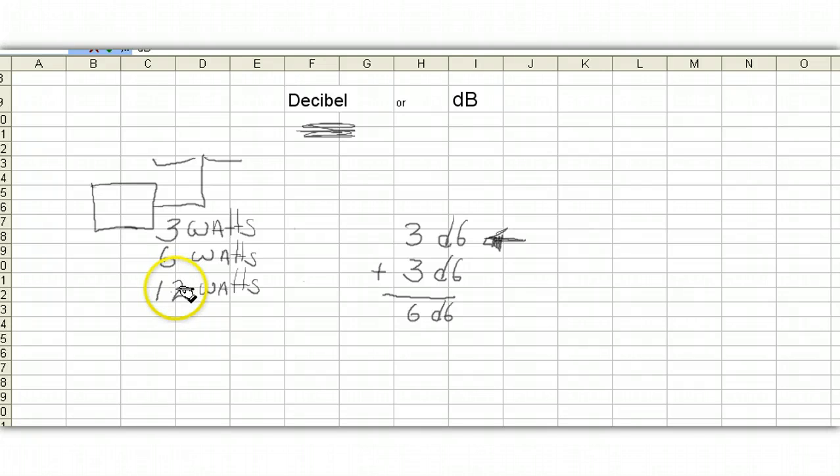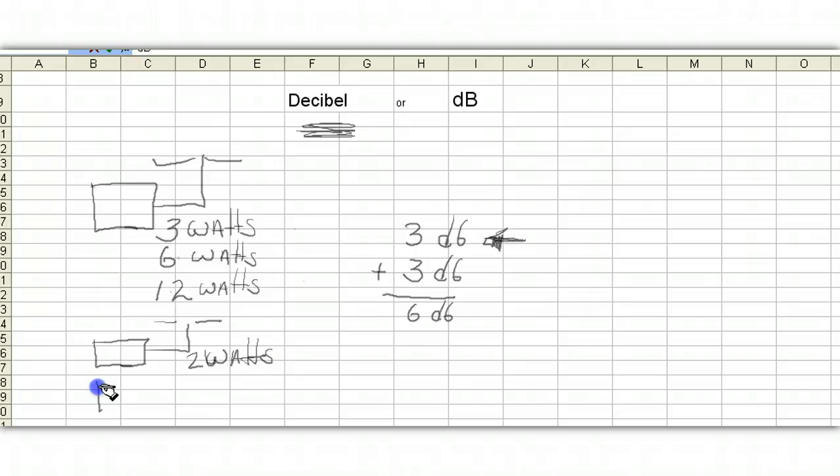So I'm going to talk about one more trick. Let's again have a transmitter, and this time we're going to start at 2 watts. And the guy you're talking to on the other end says, I can just barely hear you. Increase your power.